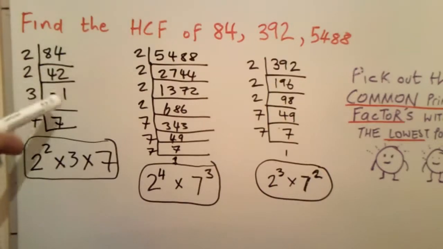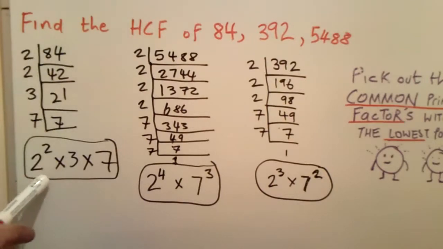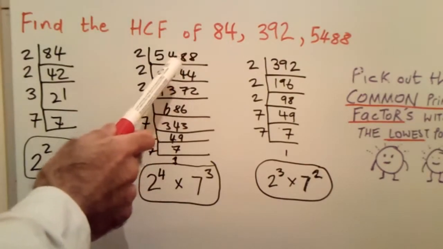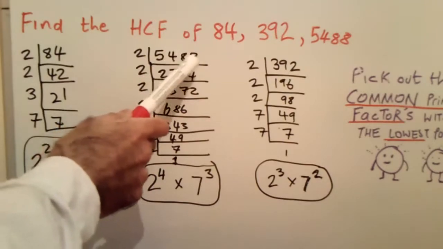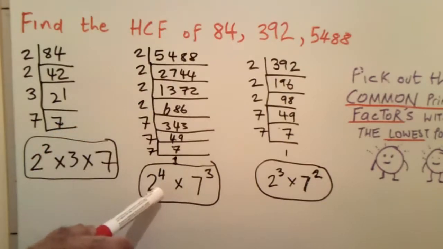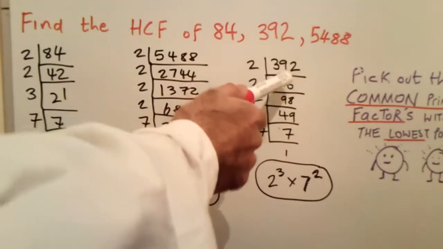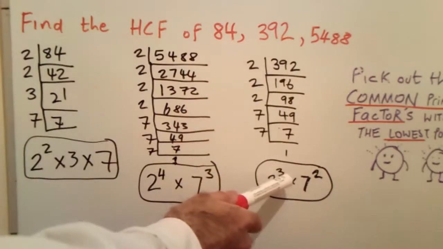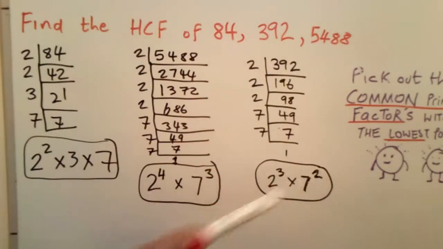We found the prime factors of 84, which is 2 squared times 3 times 7, and the prime factors of 5,488, which is 2 to the power of 4 times 7 to the power of 3, and the prime factors of 392, which are 2 to the power of 3 times 7 to the power of 2.